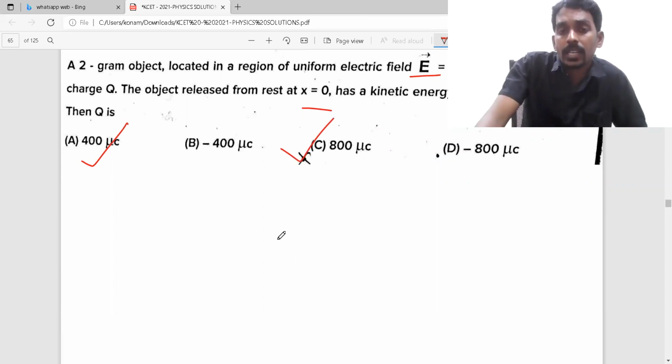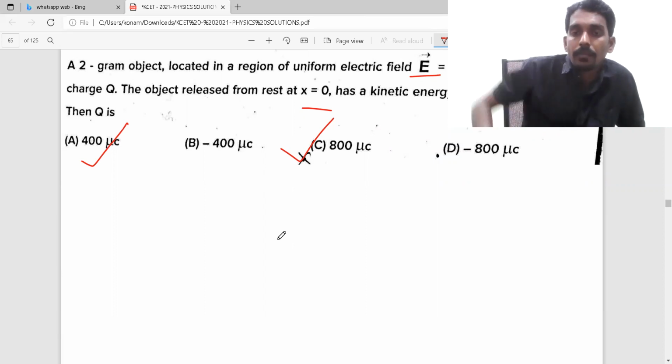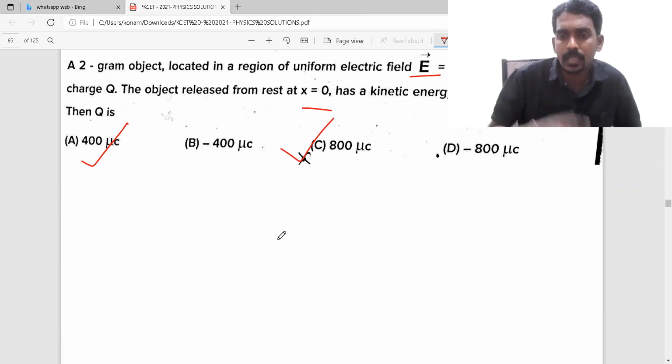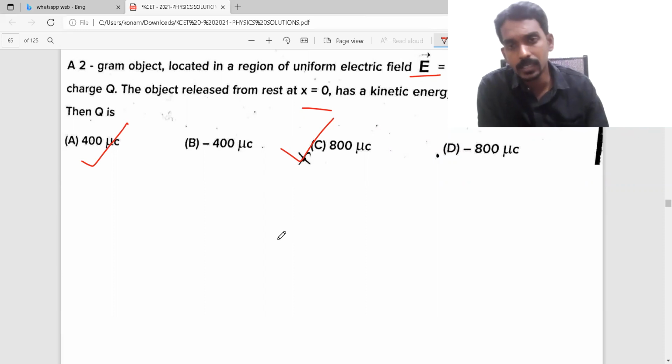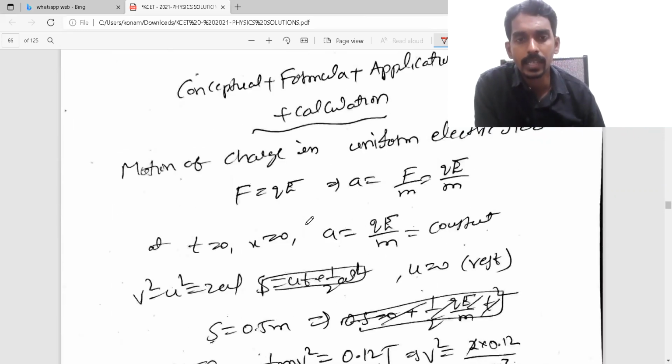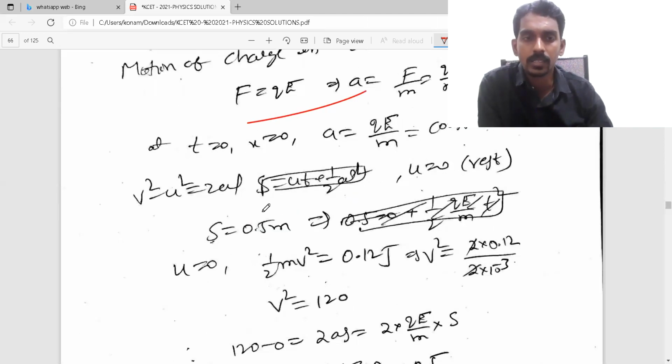But you have to take the condition, like kinetic energy means half m v square. So v square minus u square equal to 2as. Because a charge in the presence of an external electric field has acceleration equal to electric force by mass, you need to understand and calculate that. So here, electric force and the corresponding acceleration.